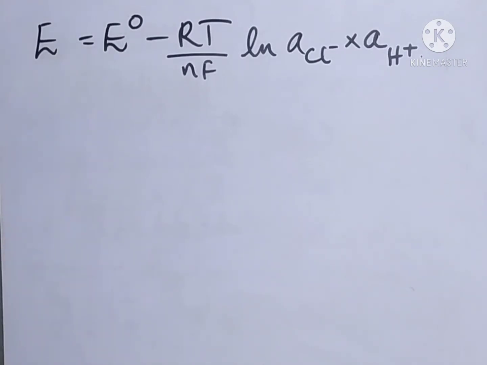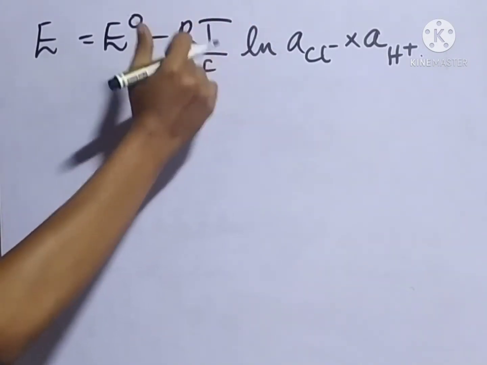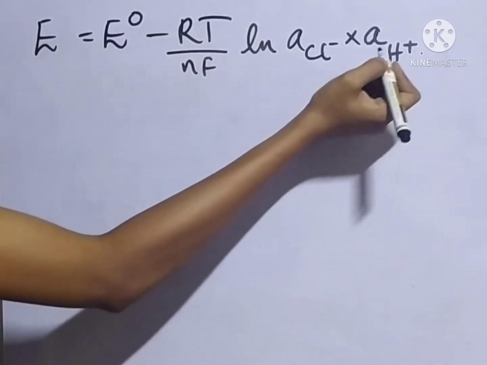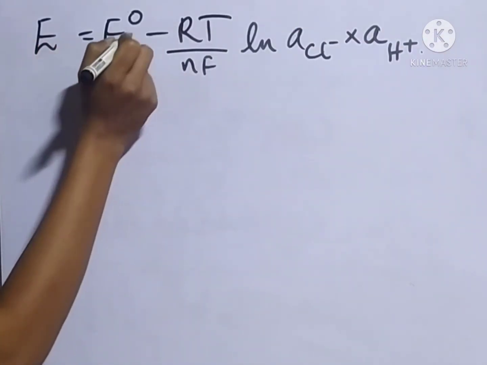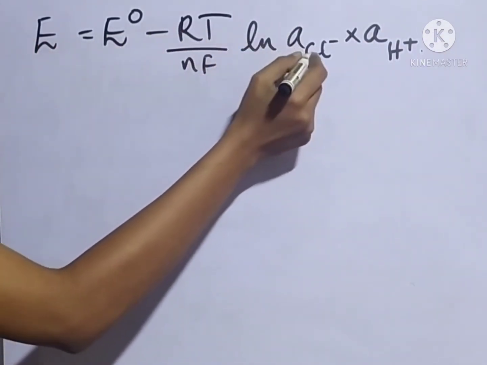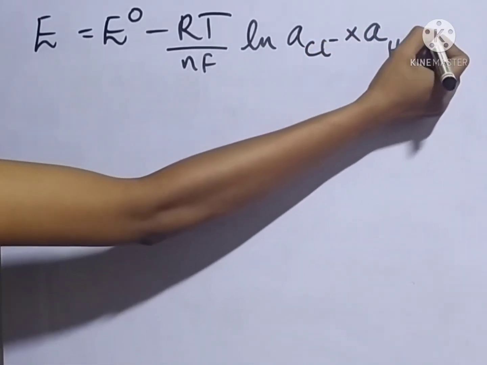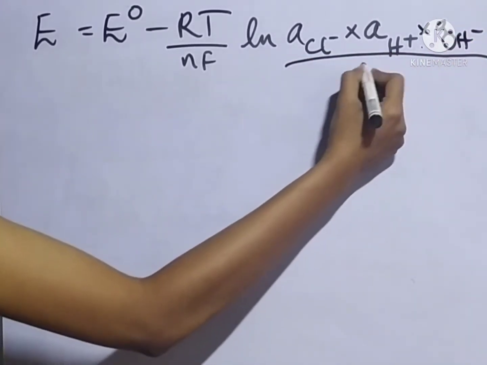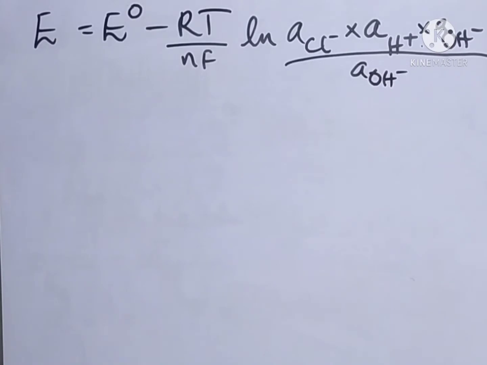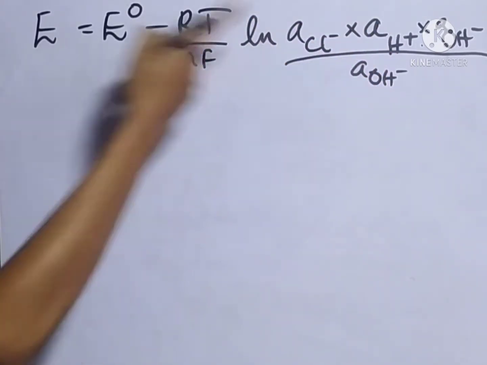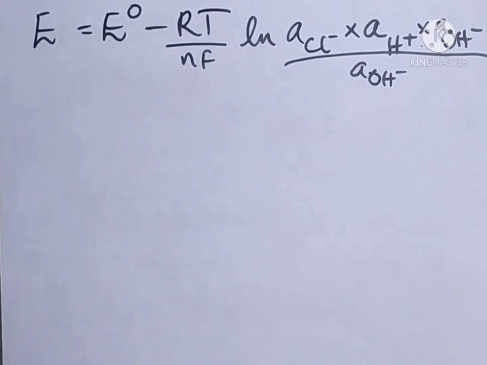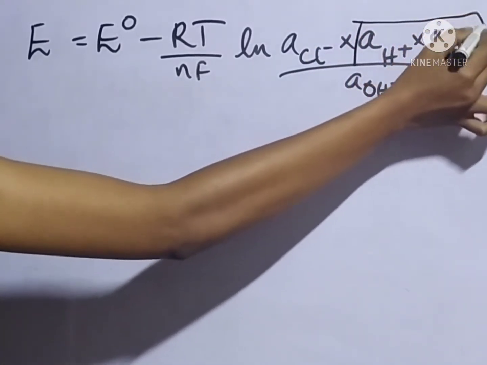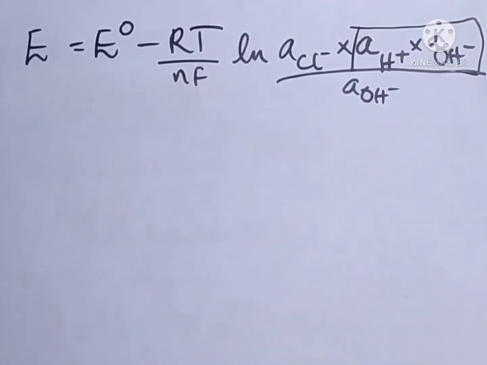To convert it to a simple equation, I'm going to multiply and divide by the term activity of OH minus in this equation. So E equal to E0 minus RT by NF ln ACl minus into AH plus into AOH minus divided by AOH minus. Since I am multiplying and dividing by the same term, there is no change. And here, check, this is AH plus into AOH minus.